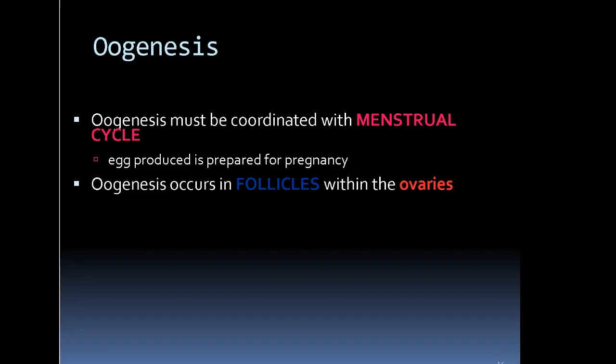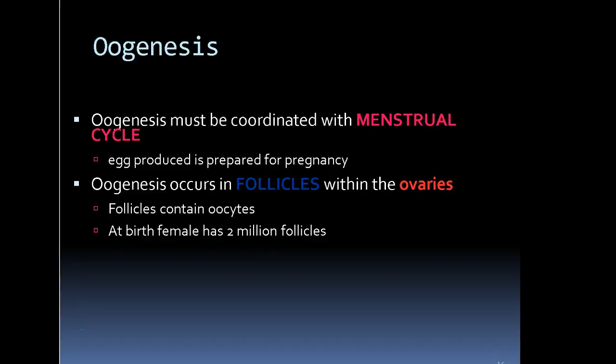It occurs within the follicles that are inside of the ovaries. So we know that the primary oocyte in that primordial follicle is going to be the most basic one, and we're going to find that where? In the ovary. Okay, so follicles contain the oocytes.